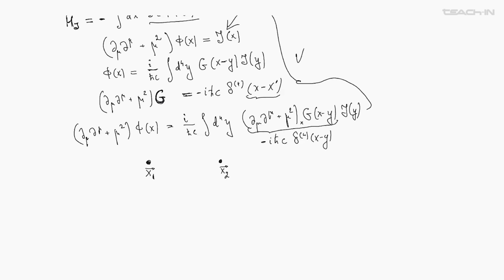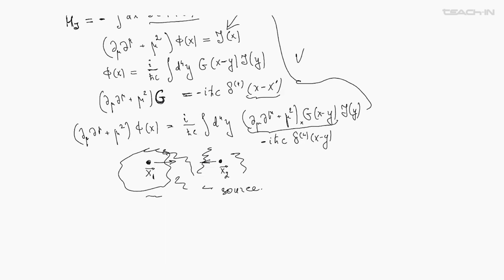But due to the interaction mediated by a field phi around, these particles will interact with each other. So there will be a force which these particles will exert on each other. In particular, we will interpret the particle at x2 as a source of the field. So this will be a source, something which generates the scalar field, so produces a scalar field.